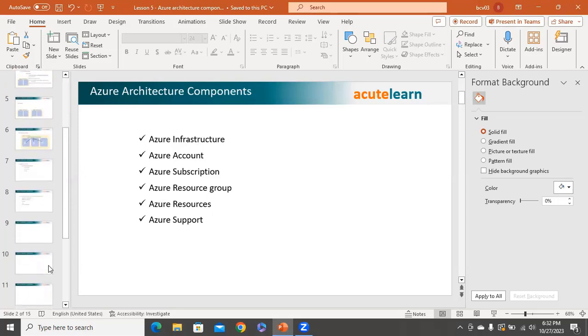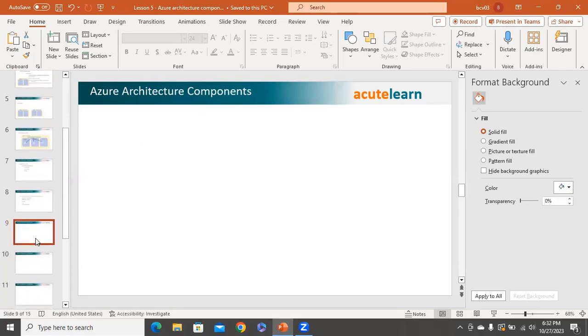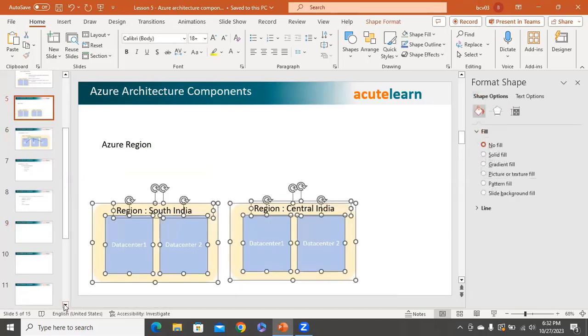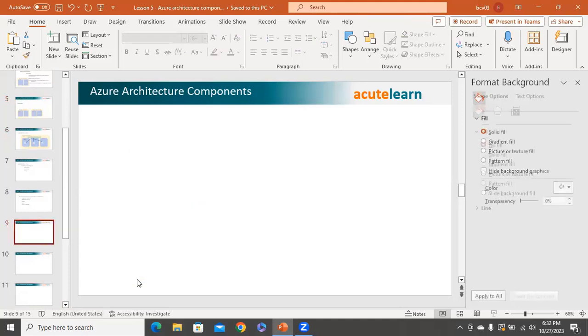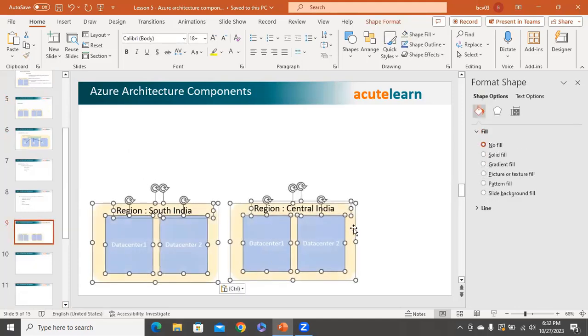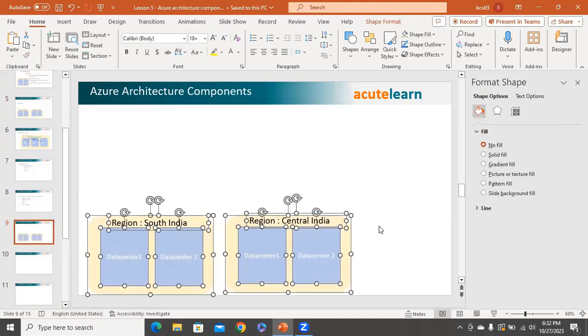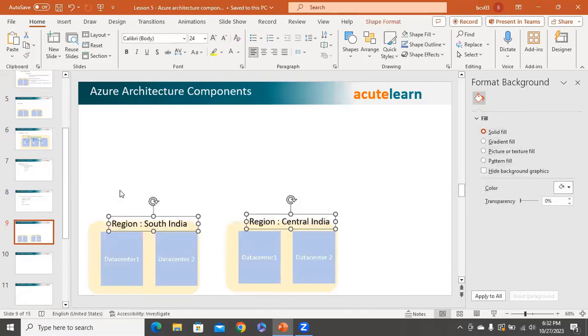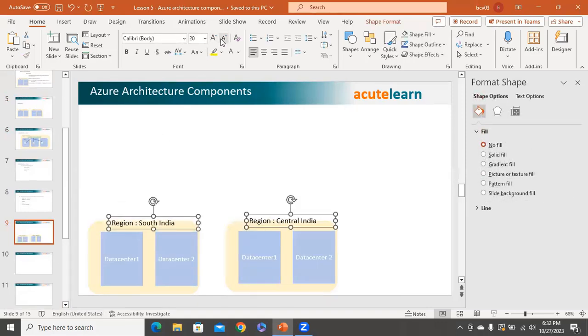Now let's go to the account. Now these are all regions. This is what we call a physical infrastructure, which is being built by a region.